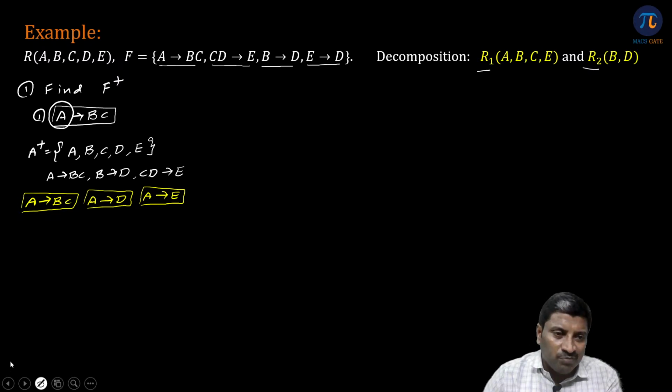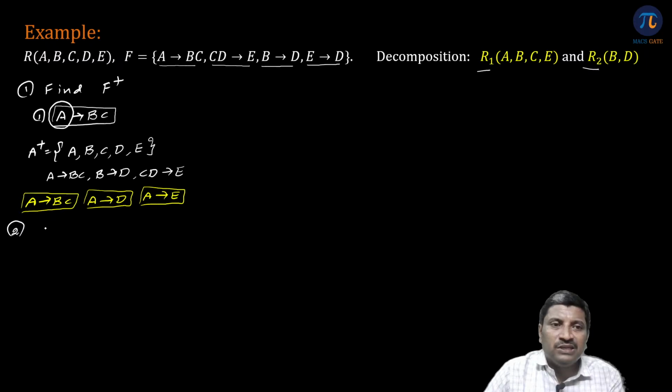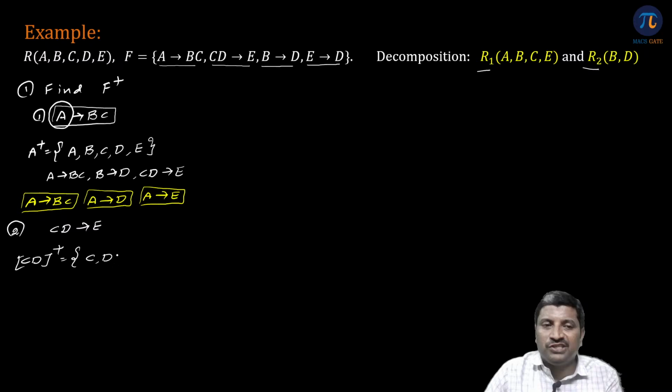So let us do the same thing for the second FD. What is the second FD, sir? The second FD is CD implies E. To get all the FDs in which the LHS is equal to CD, what are we supposed to do, sir? We need to find the closure of CD. What is the closure of CD? With C comma D, I can get CD. Of course, we can get E. Why?